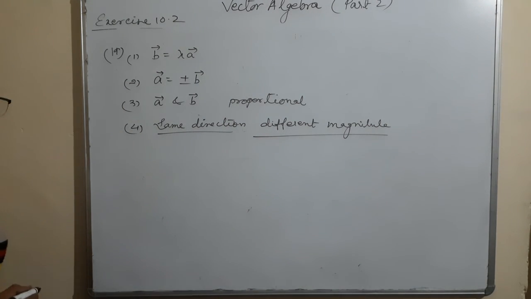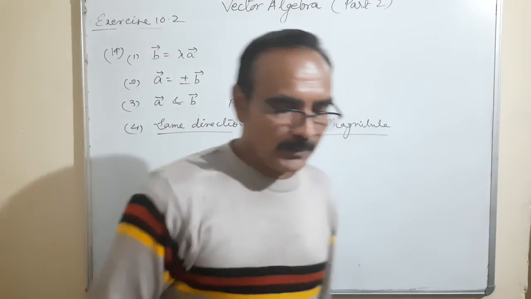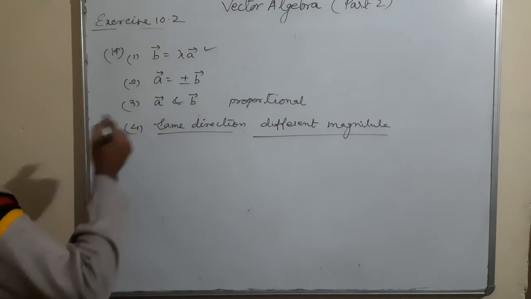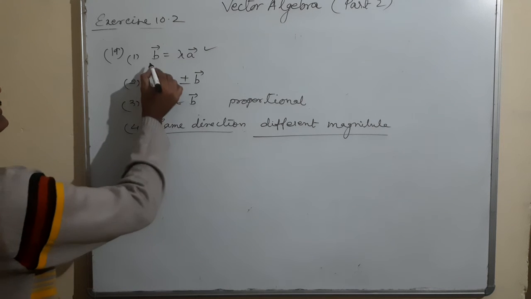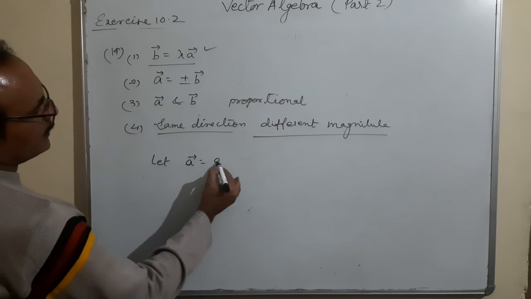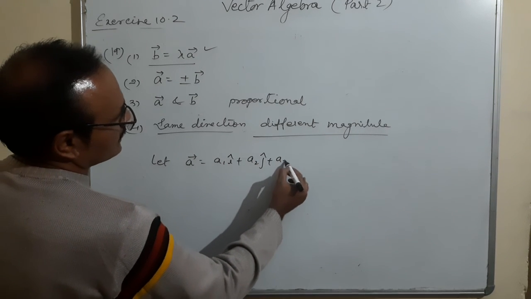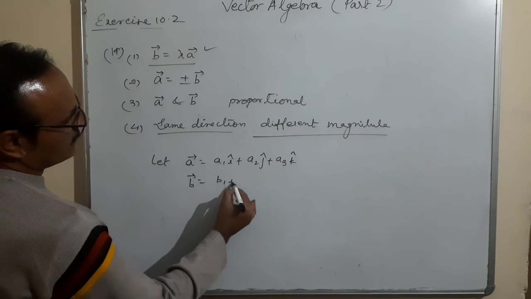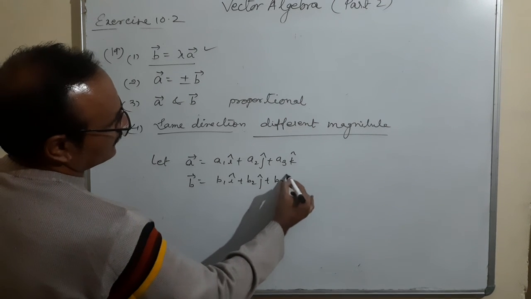A and B are given as collinear. The first part is clear, the lambda is here. The second part is also clear. A and B are proportional. Suppose vector A is equal to A1i plus A2j plus A3k, and vector B is equal to B1i plus B2j plus B3k.